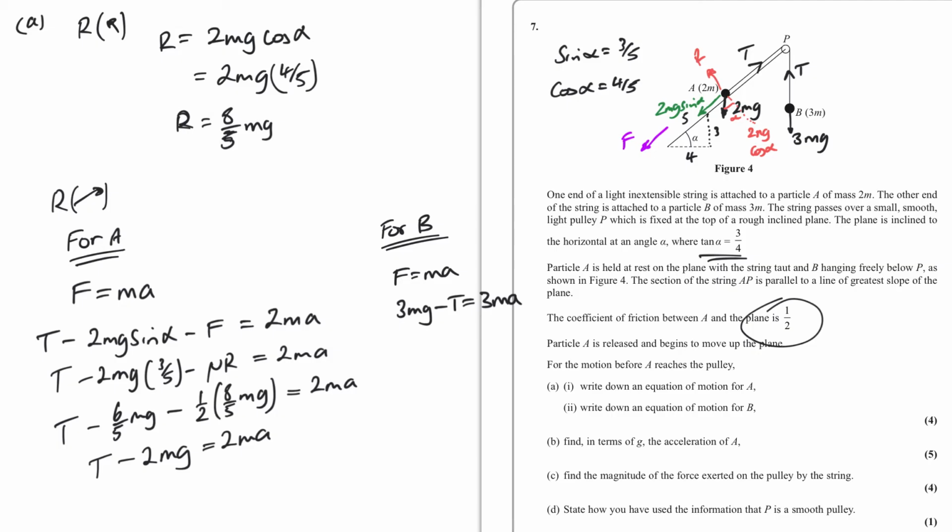Now, part B wants me to find the acceleration. So what I want to do here is put these two together, which will get rid of my T's, so substitute in for T, and we should be able to get to the a from there.